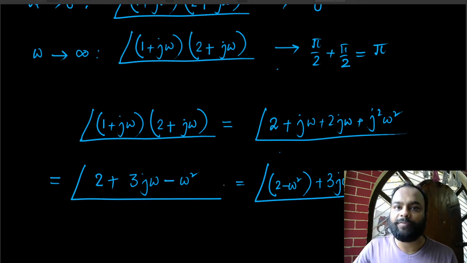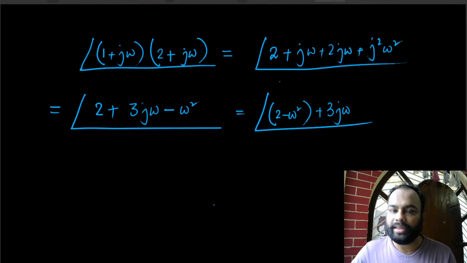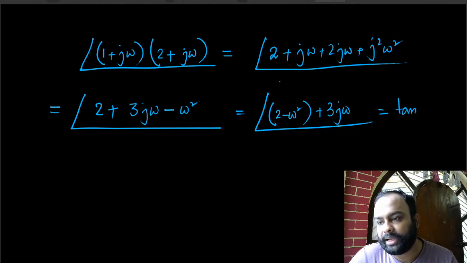Now this is behaving like a single complex number, so the phase angle is going to be tan inverse of 3 omega by 2 minus omega square.